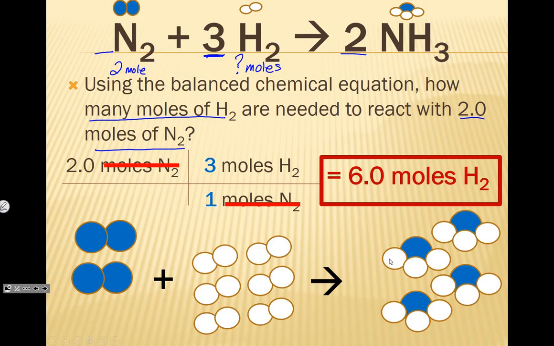Should only be 2. I should fix that. Oh, because I've got 2. Yes. So that should be fixed. Going forward, I should only have 1 and 2 here. But we started with twice as many. We're okay. They did not ask for how many we'd make. We were doing 6 moles of hydrogen. That's how many we would make, 4 moles of ammonia, if they had asked us that.